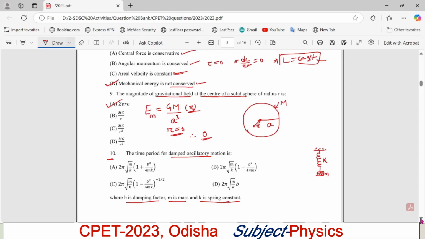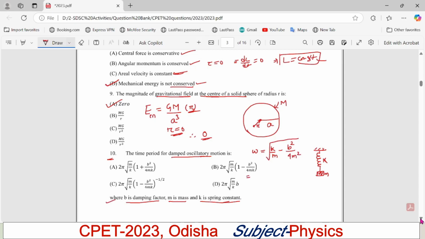We know that the angular frequency for damped harmonic oscillation is omega equal to root of k by m minus b squared by 4m squared. We studied this one; you can check your book. The meanings of k and b are already given in the question, so just solve it.